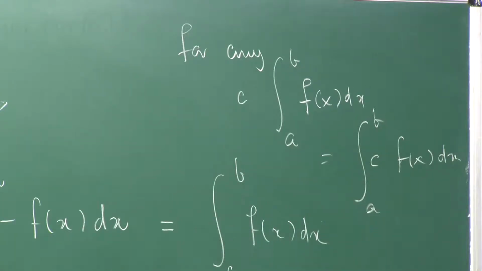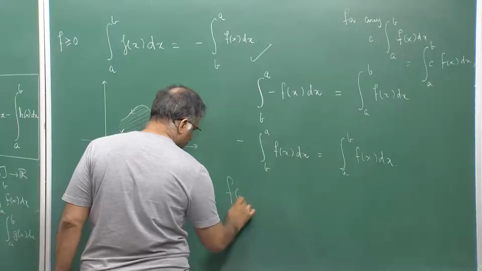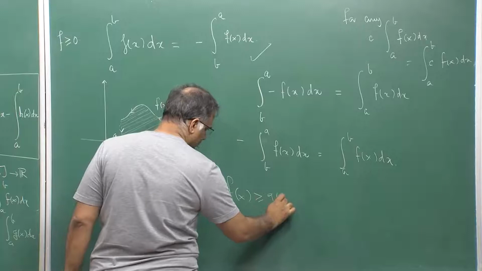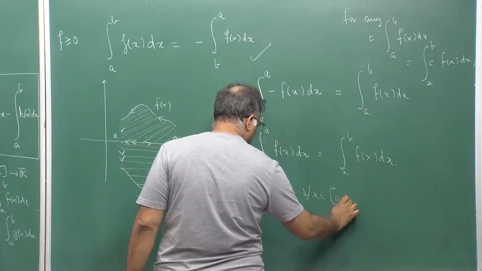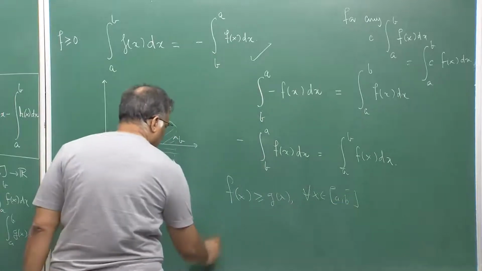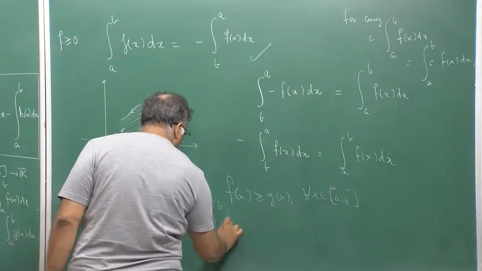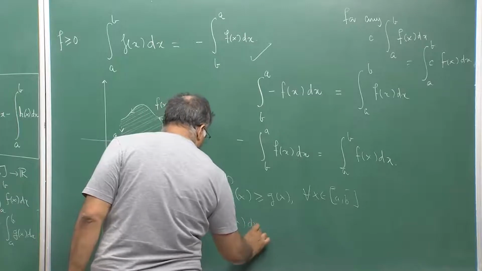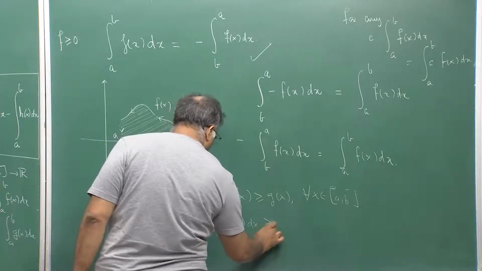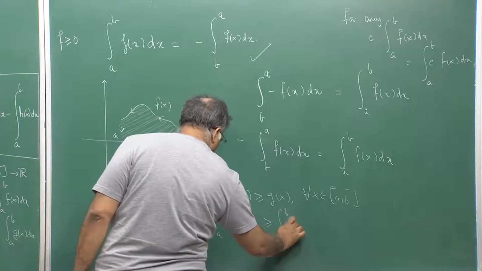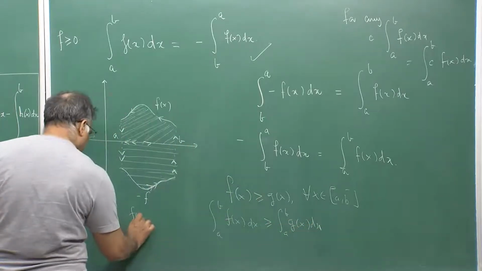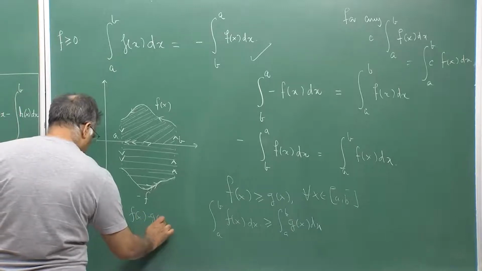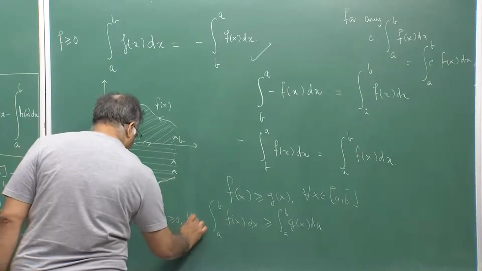Another result is the following, that if two functions f and g are such that f is bigger, then integral a to b fx dx is bigger than integral a to b gx dx. See, this comes out of a very simple fact that fx minus gx is greater than or equal to 0 for all x.